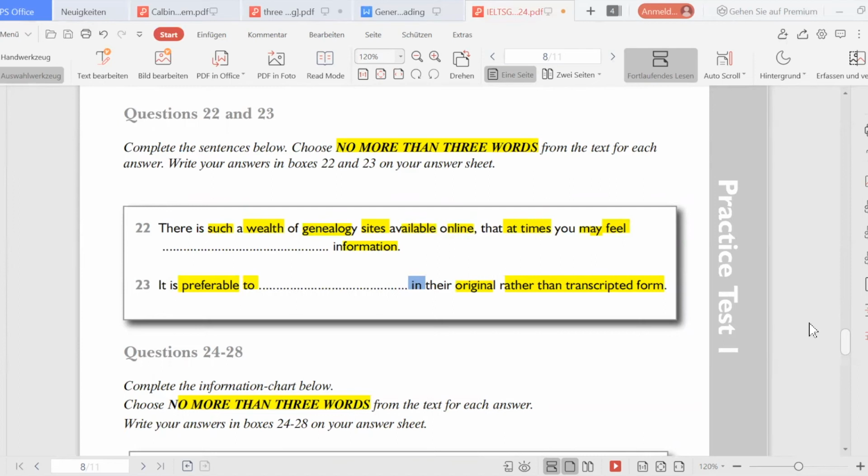In this case, it's tricky because the word preferable actually goes with the preposition to, okay? But to can also function as an infinitive particle. In this case, what you do is try to figure out where our word preferable was. If to is a preposition, then what comes directly after to should be a noun, okay?